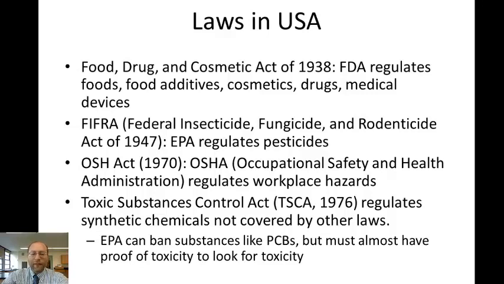is the Toxic Substances Control Act, and that allows the EPA to regulate synthetic chemicals that are not covered by other laws. But even there's a catch-22, because while the EPA can ban substances like PCBs, they almost have to have proof of toxicity to study for the toxicity.